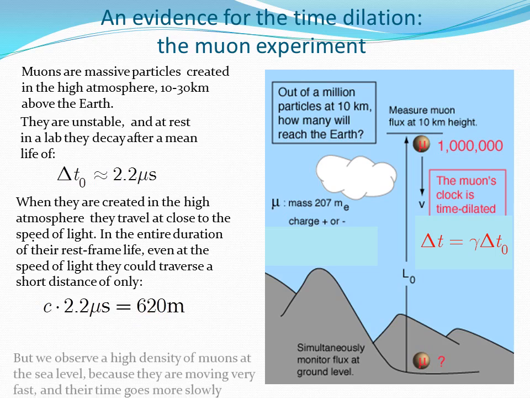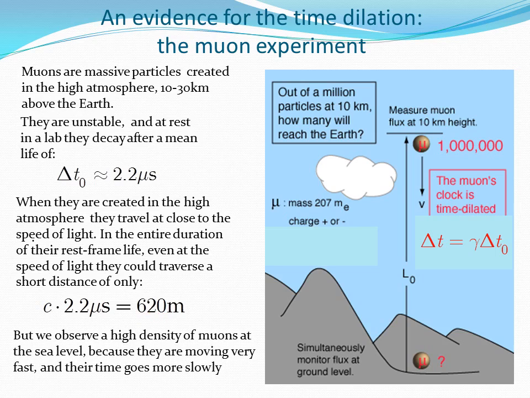In spite of this, we observe a high density of muons at the sea level, and the reason is that they are moving very fast, and this means that their clock goes more slowly.